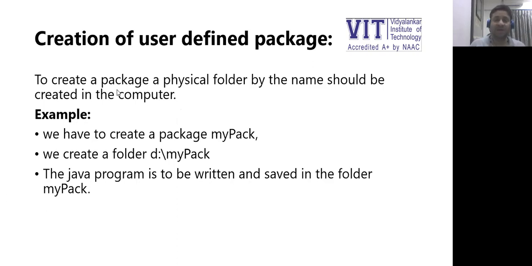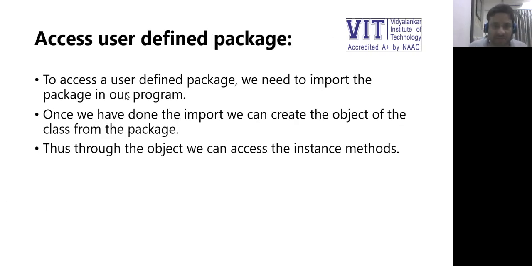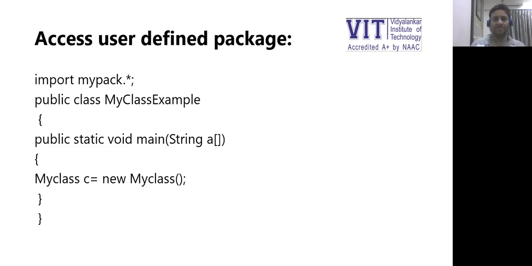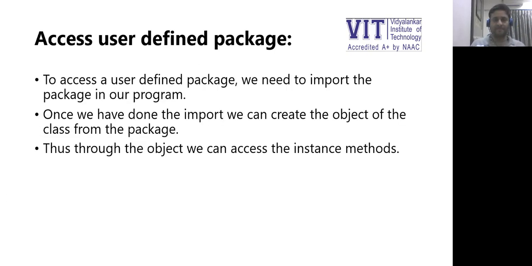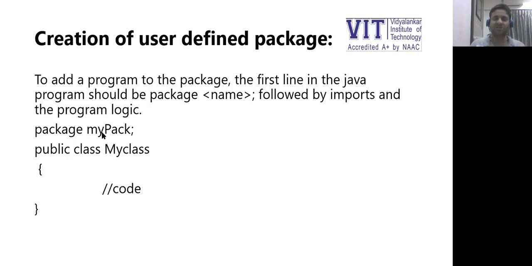Now, how to create a package? Let me take an example. If I want to create a class, I'll declare package my pack. My pack is the name of the package, and let the name of the class be my class.